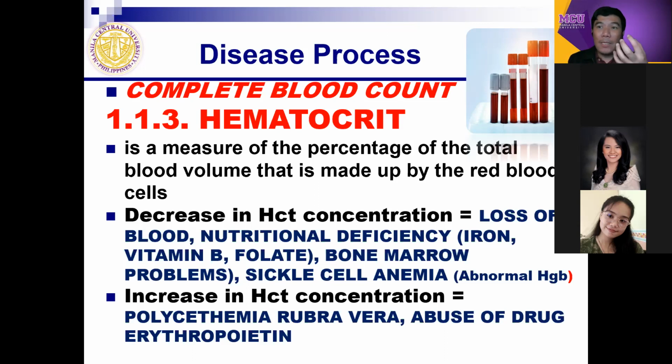So pag inabuse naman yan, the abuse use of this drug, magka-counteract yung effect. So the counteraction of the effect is, instead of stabilizing the red blood cell, rather it may increase yung hematocrit concentration. So yan naman po yung tinatawag natin for the hematocrit.